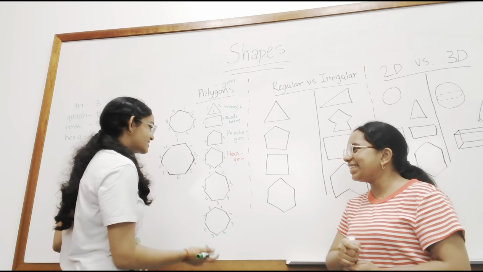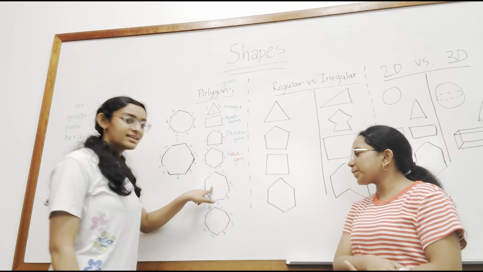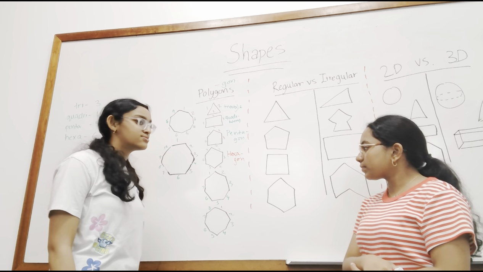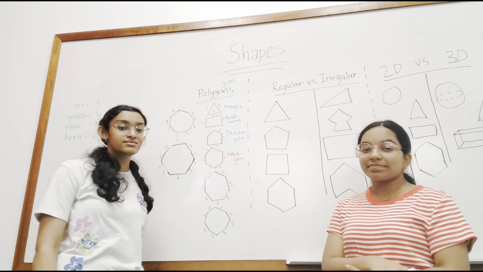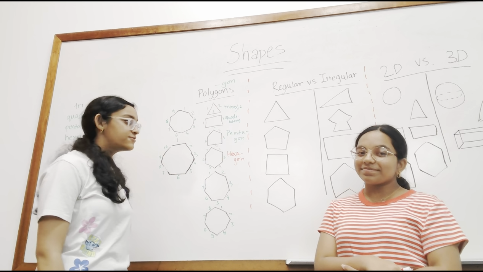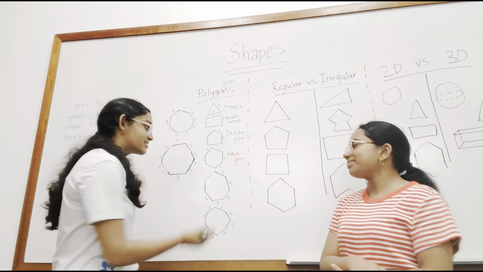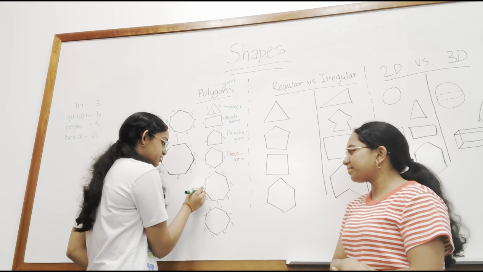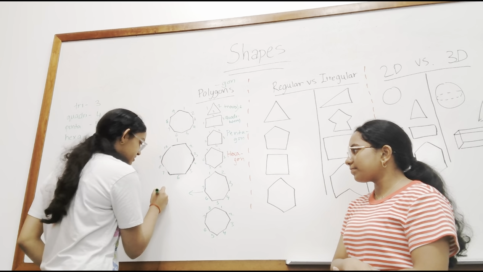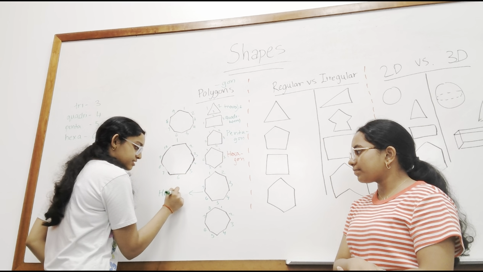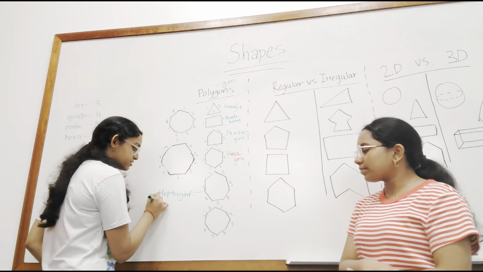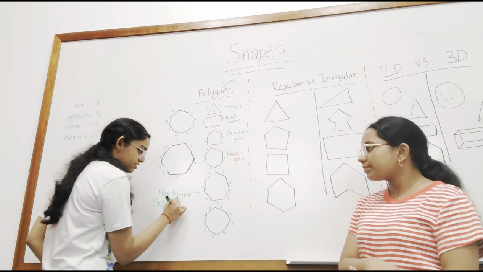Isn't that crazy? Now, this has 7 sides, so can you guess what it could possibly be? If you guess septa or hepta, you are correct. So this is a fun shape because it can be called heptagon, or it can also be called septagon.